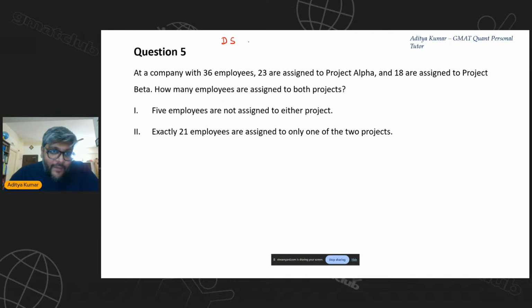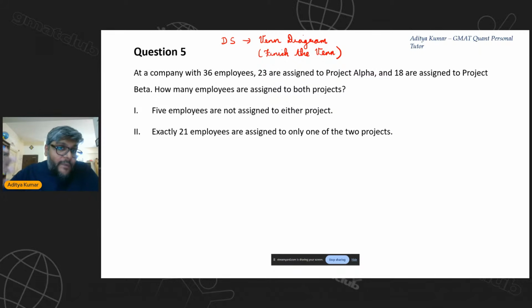But like I said, when I'm working with a data sufficiency question, especially with a Venn diagram, I would prefer to finish the Venn. There's a reason for that. If I'm able to finish my Venn, then I will be able to observe all of the regions.